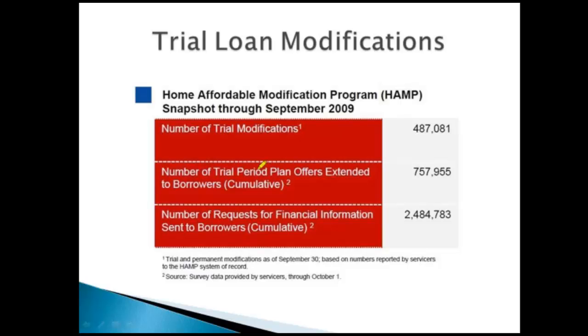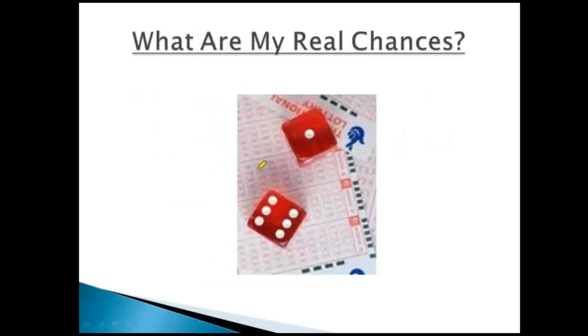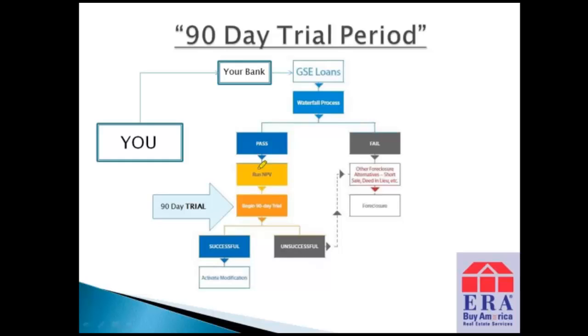Well, you know what? If you go back to the flow chart one quick time, because I just want to recap for them. So far up there it says GSE loans. You've had to pass the eligibility test here, and then you've gone through the waterfall process, and you had to pass that. Then it was run through the net present value process, and you had to pass that. After doing all of that, now you're still not home free, because now you have to begin a 90-day trial.